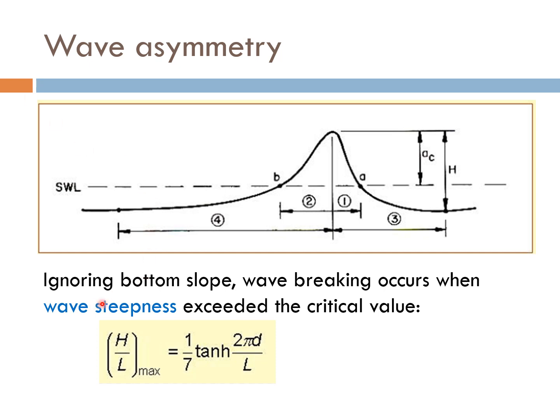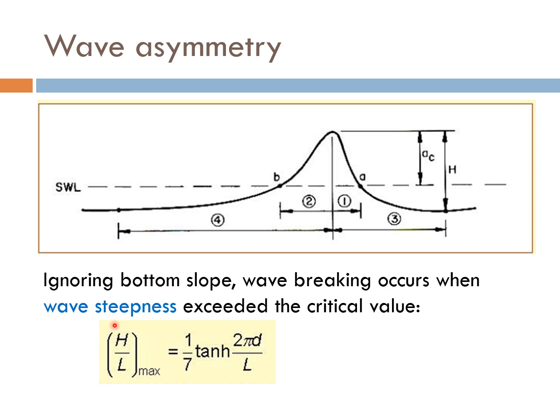If we ignore the bottom slope, wave breaking typically will occur when the wave steepness exceeds a critical value defined by this expression. So basically, the wave will have wave height and wavelength that keep on changing from one point to another point as it feels the water depth, the bottom.